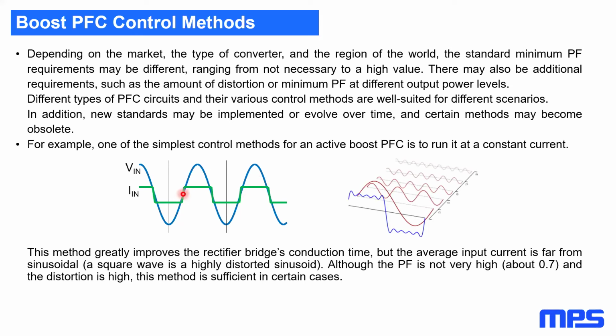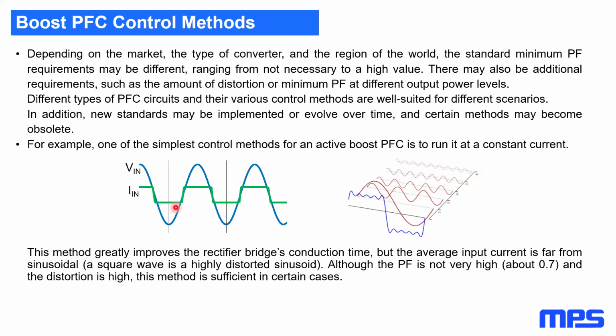It's not sinusoidal. You can, of course, argue that a square wave can be rearranged as a superposition of many sinusoidal waveforms added together. This is a Fourier series transform. You can say it's a very highly distorted sinusoid, but it's not sinusoidal.